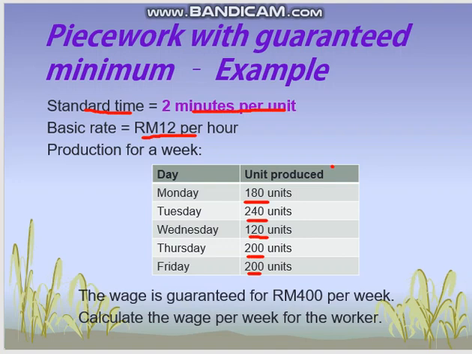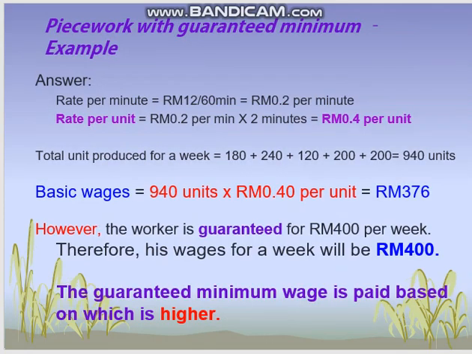This is the total units produced for an employee, and this employee is guaranteed 400 ringgit per week. After this, how are we supposed to calculate the salary? Now we are going to have a look.